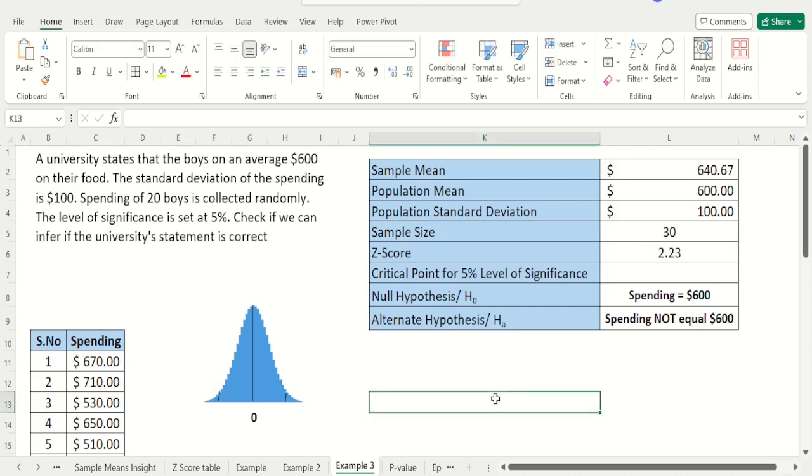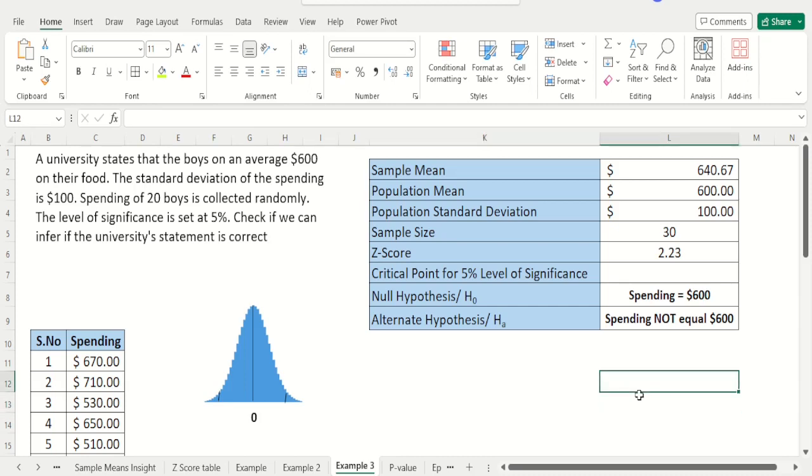So this problem has two rejection areas, and that's vital for us to remember. Now, what are the implications of having two rejection areas on the critical point for 5% level of significance? What it means is that this 5% can now be broken up into two parts.